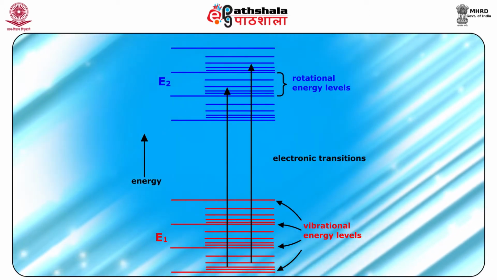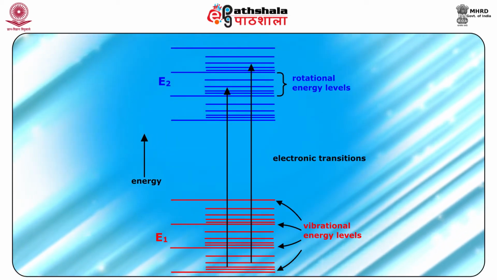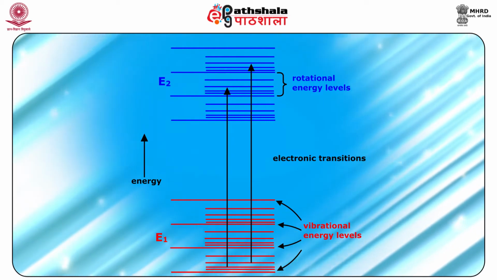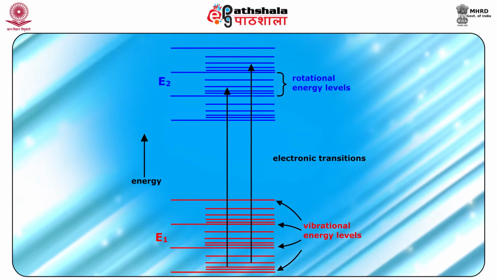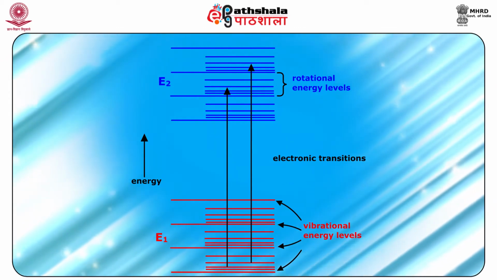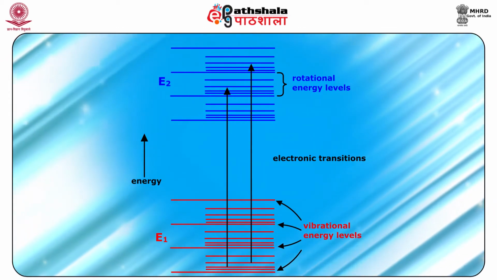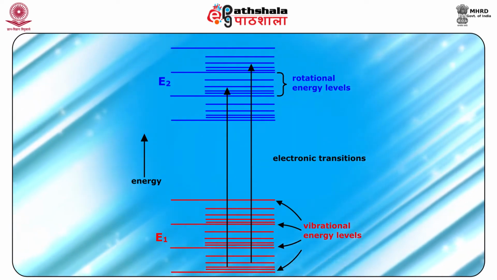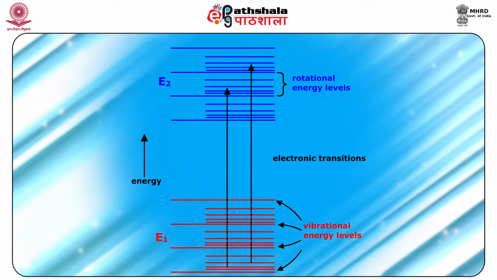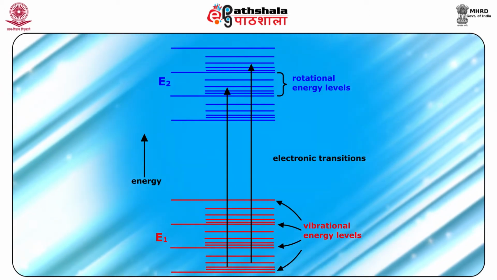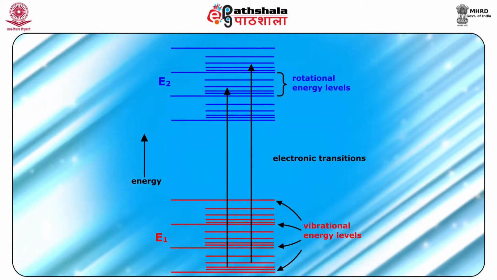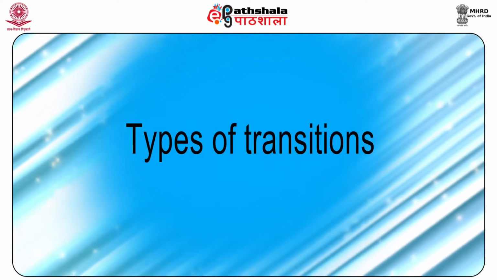This results in a number of transitions that differ from each other only in a very small amount of energy, giving number of closely separated lines that the spectrophotometer cannot resolve. Thus, it gives a band-like structure enveloped over those closely separated lines.